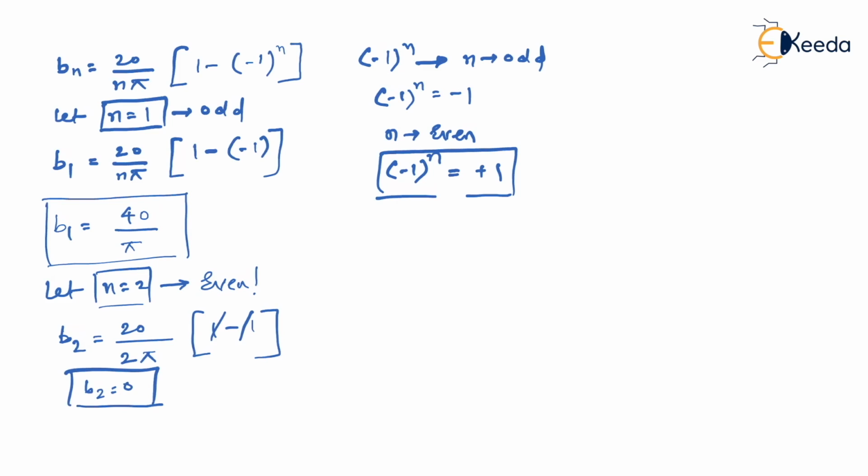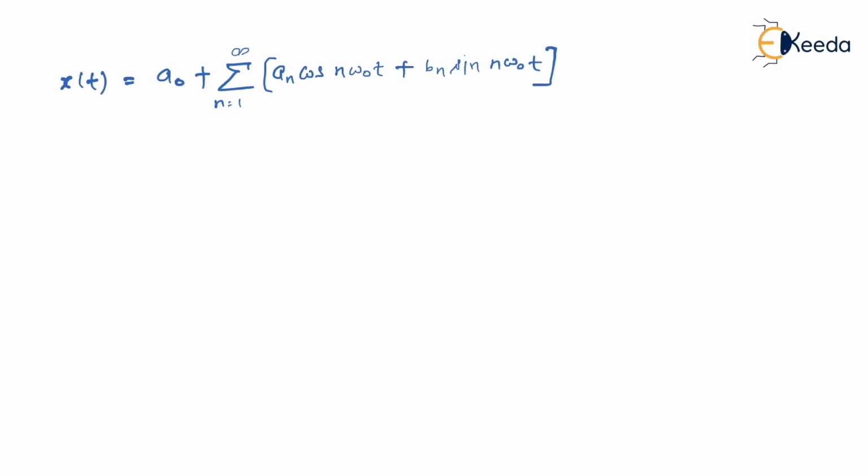So again we come to the conclusion, whenever the value of n is odd, Bn will be non-zero, but in case the value of n becomes even, every time Bn will become 0. So I can say that Bn exists only for odd values of n.